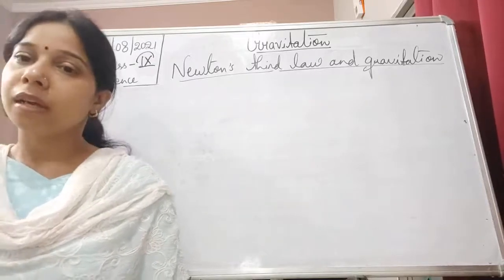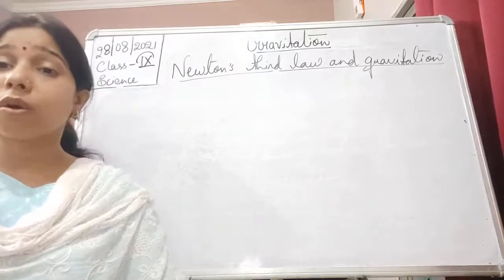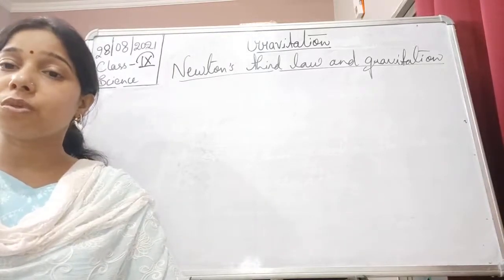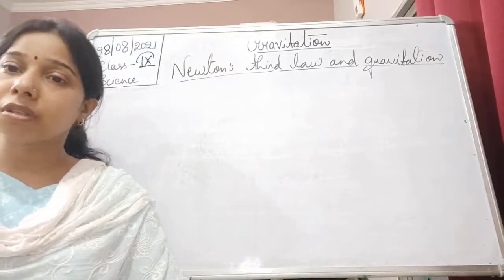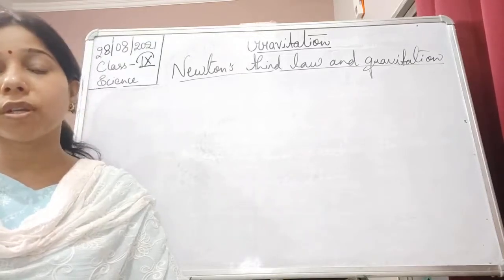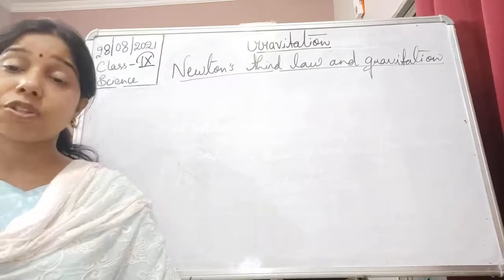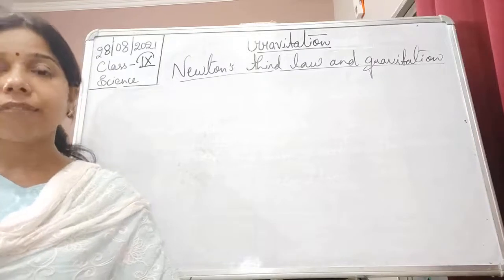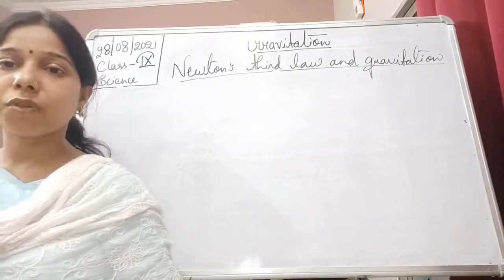So here comes Newton's second law of motion. According to Newton's second law of motion, force is equal to mass into acceleration. It means acceleration is inversely proportional to the mass of the object. So if the mass of the object is more, acceleration will be less, and if the mass of the object is less, acceleration will be more.